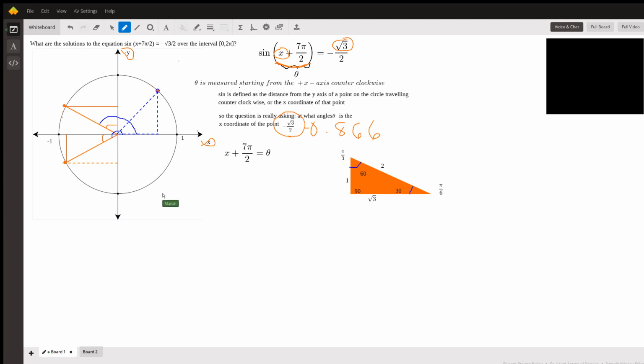Now, we need to relate that back to our question, right? So really, thinking about what sine actually means, it's saying at what angle theta, all of this stuff on the inside, is the x-coordinate of the point negative square root 3 over 2.